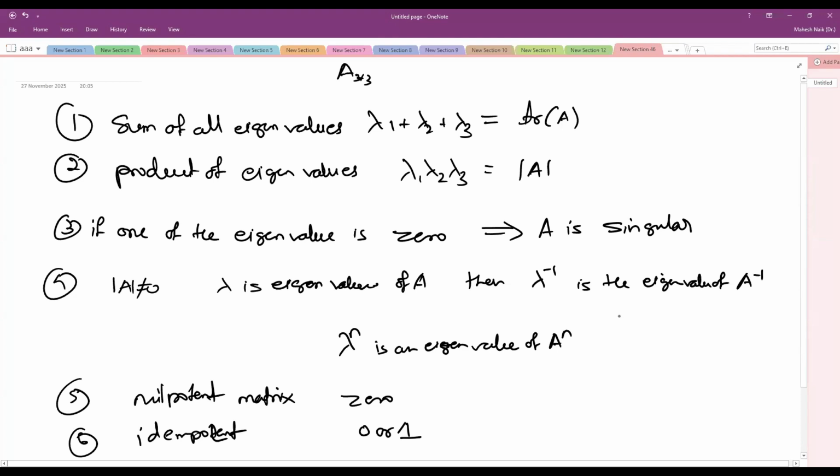Now, additionally, eigenvalues of skew symmetric matrices. Before that, if we are talking about a symmetric matrix, the eigenvalues of a symmetric matrix are always real.